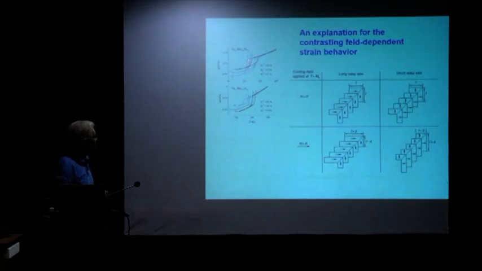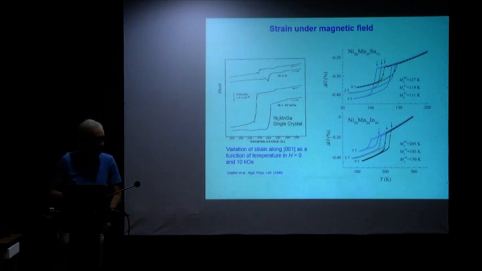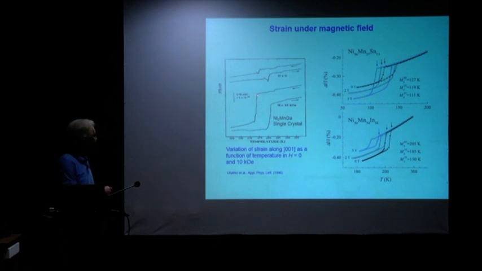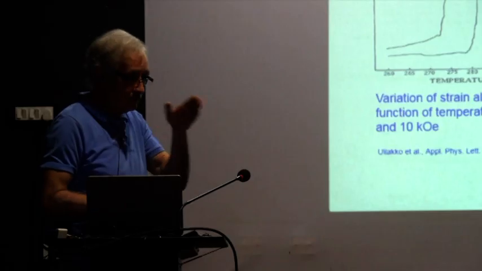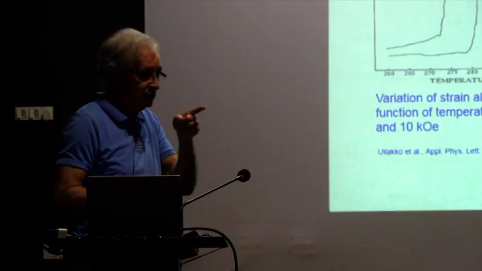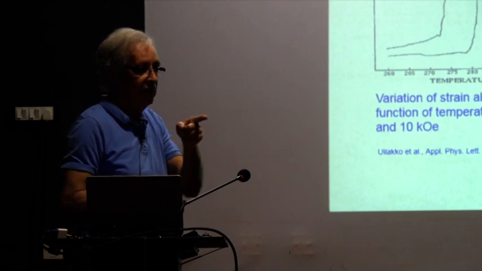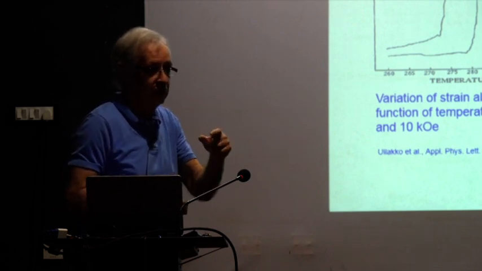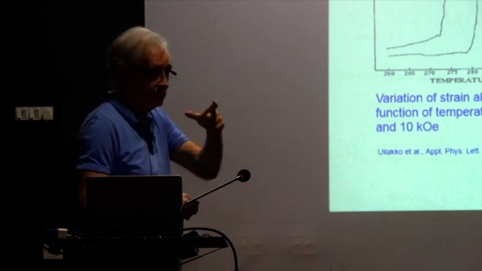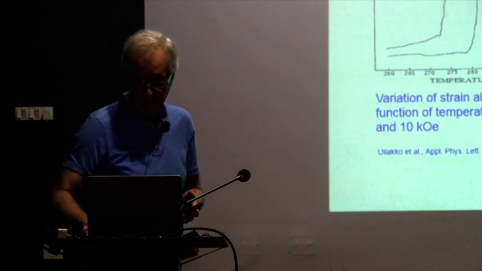we have two measurements which are showing us two different things. And we have the case of nickel manganese gallium where we know what's going on. When the short axis grows in a magnetic field, the short axis growing in the magnetic field direction means it's getting shorter along the field direction.